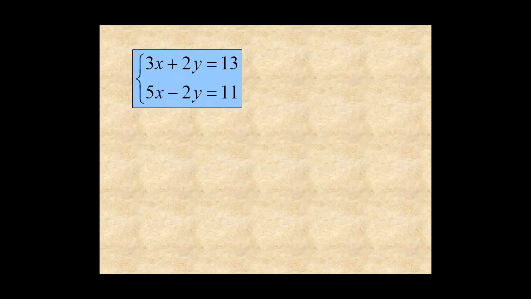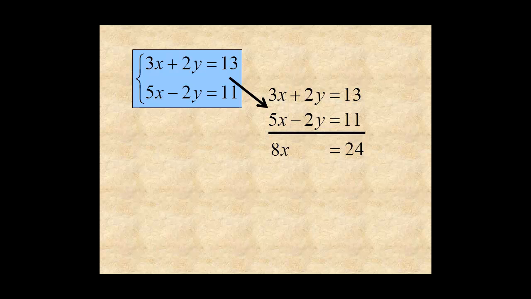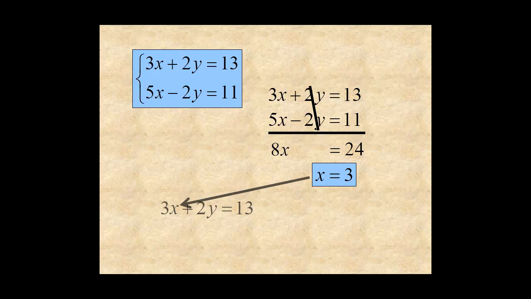So, back to the linear system. Notice, if you add the two equations together, the y variable is eliminated, and you can quickly solve for x equal 3 by dividing both sides of the equation by 8. Then substitute x equal 3 into the first equation and solve for y.